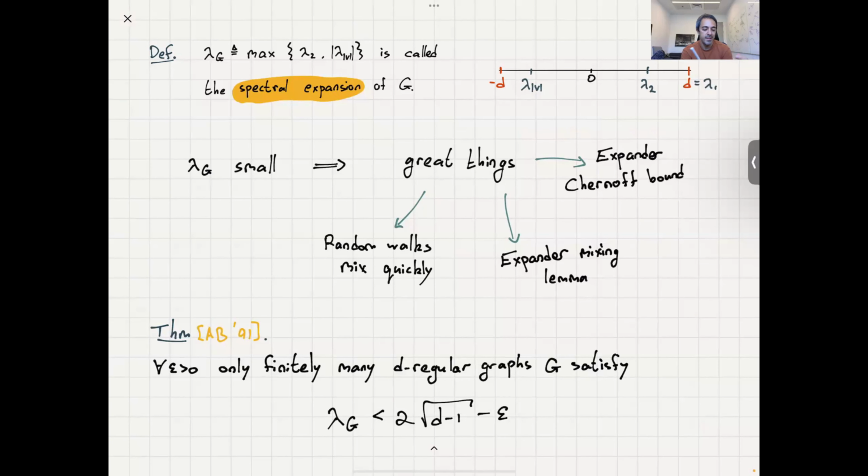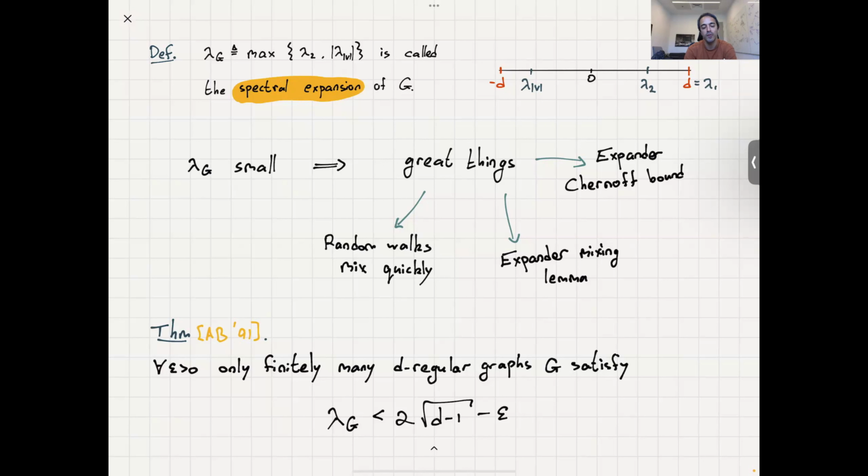So I said that lambda G is a very important parameter of the graph, and the point is that if it is small, then good things happen. For example, if lambda G is small, and we will talk about how small is small, then the graph will have properties that are shared by a random graph with high probability.